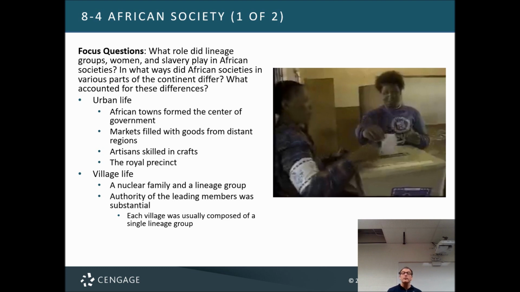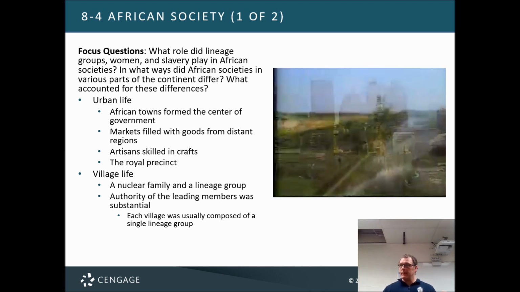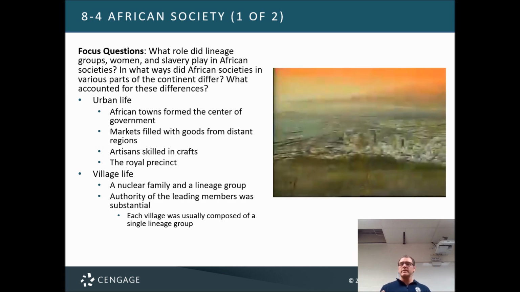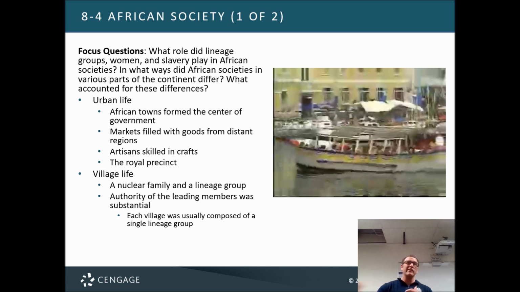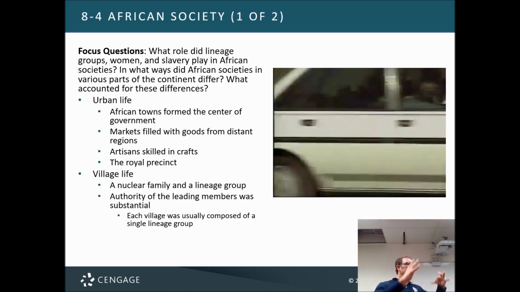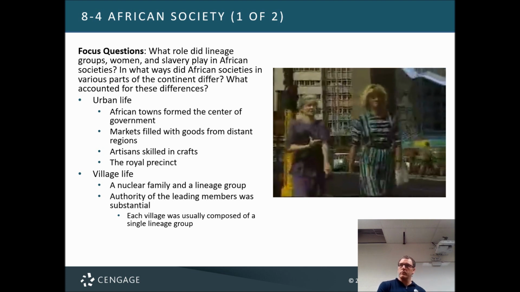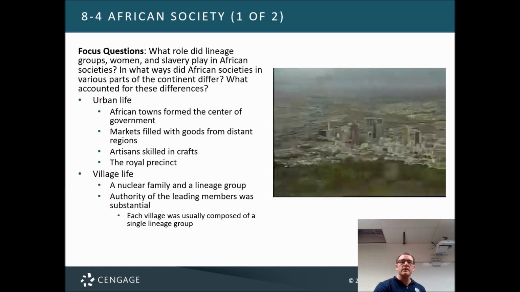For example, urban life. These towns began, in most cases, as walled city-states, much like what we talked about with Mesopotamia, or even really in any part of the world. These early city-states, farming villages, people grouping together for safety, and that's how most of these communities began.